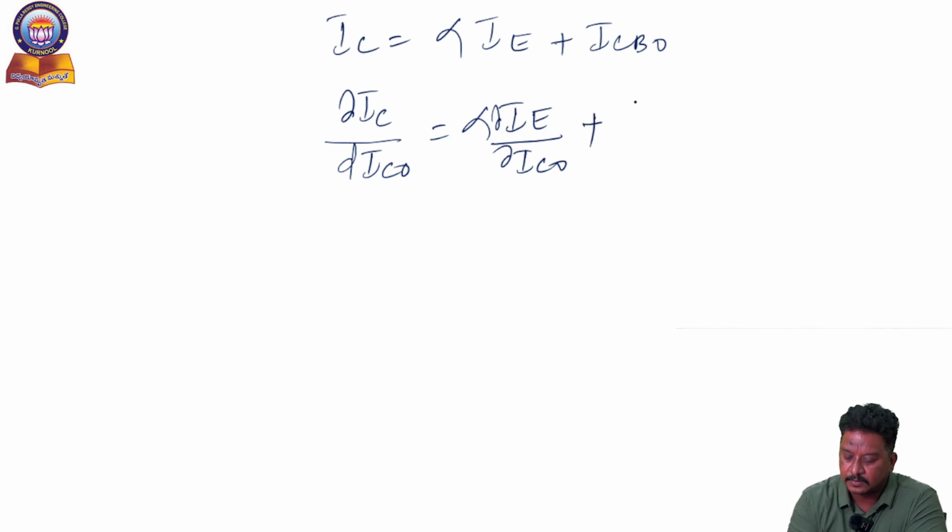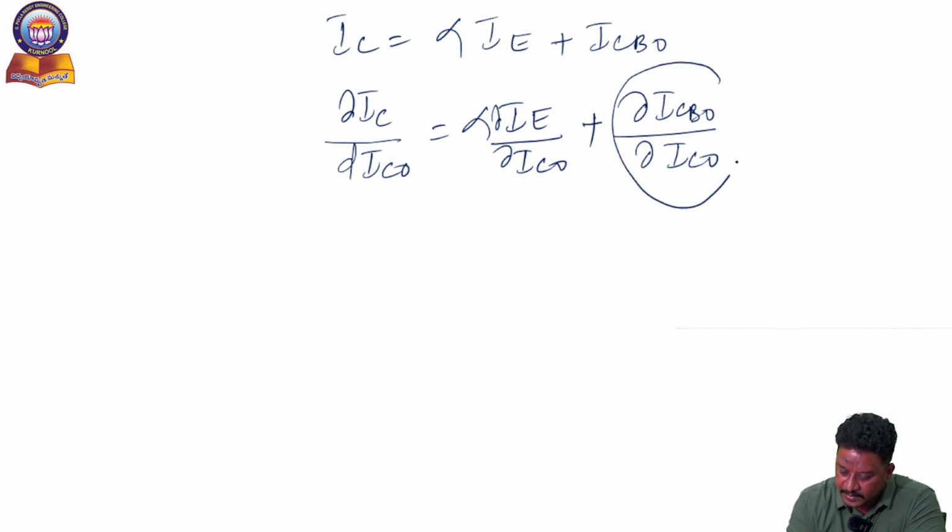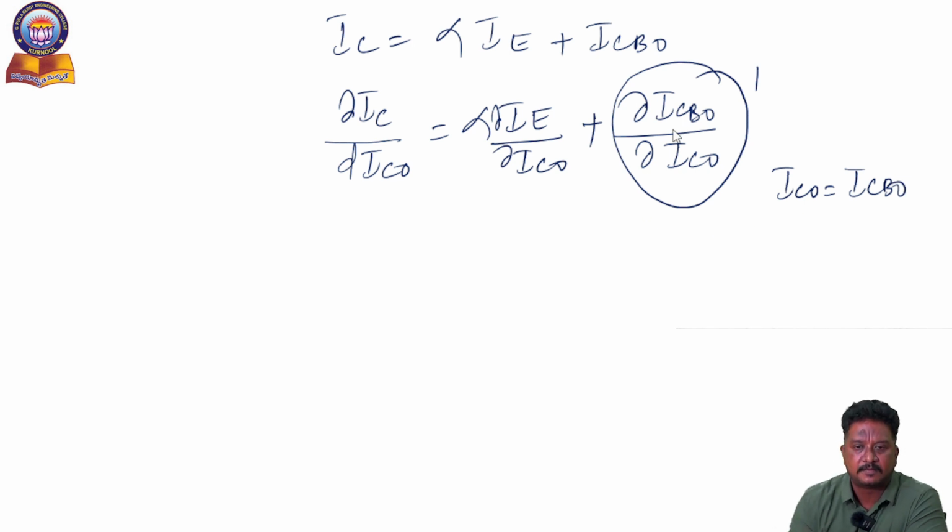Of course, ICBO differentiated with respect to ICO becomes 1. Why? Because ICO is equal to ICBO, so differentiating numerator and denominator with the same value, the resultant is equal to 1.